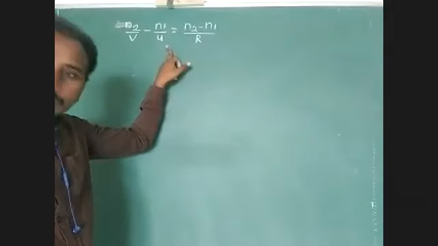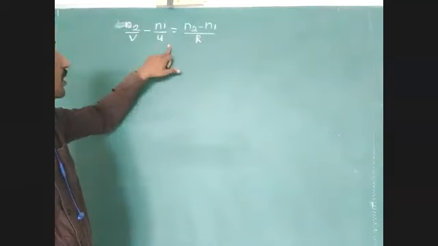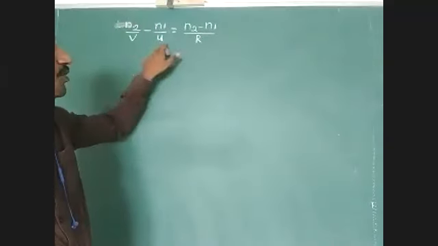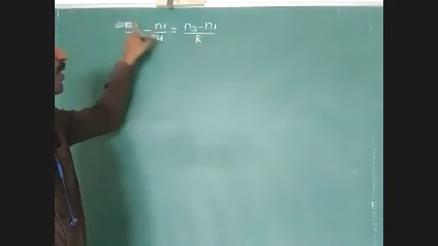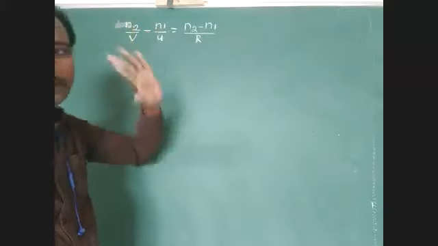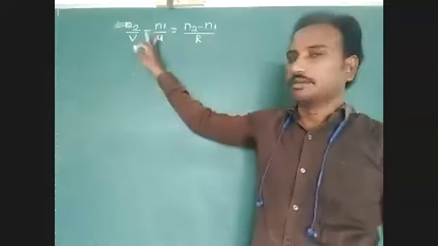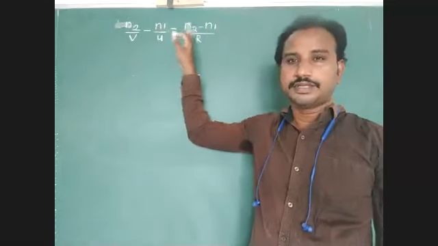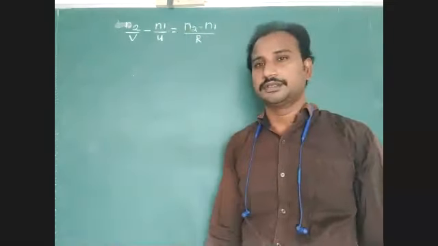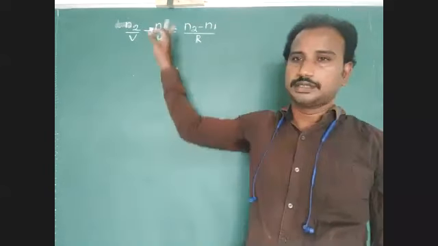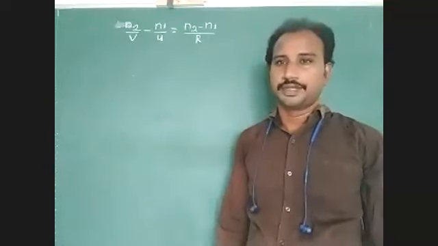This formula gives the relation between V, U, R and the refractive index of the first medium and second medium. We have to derive this formula for concave curved surface and convex curved surface. Both curved surfaces have the same formula.